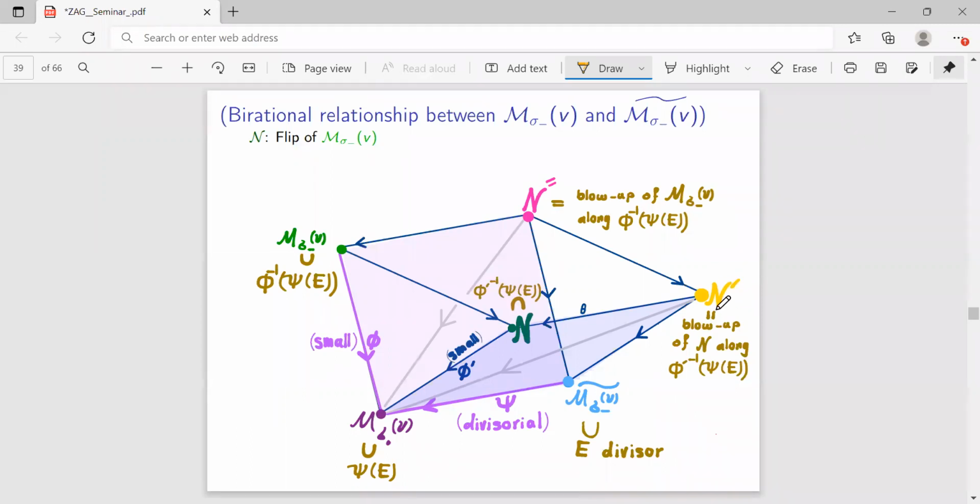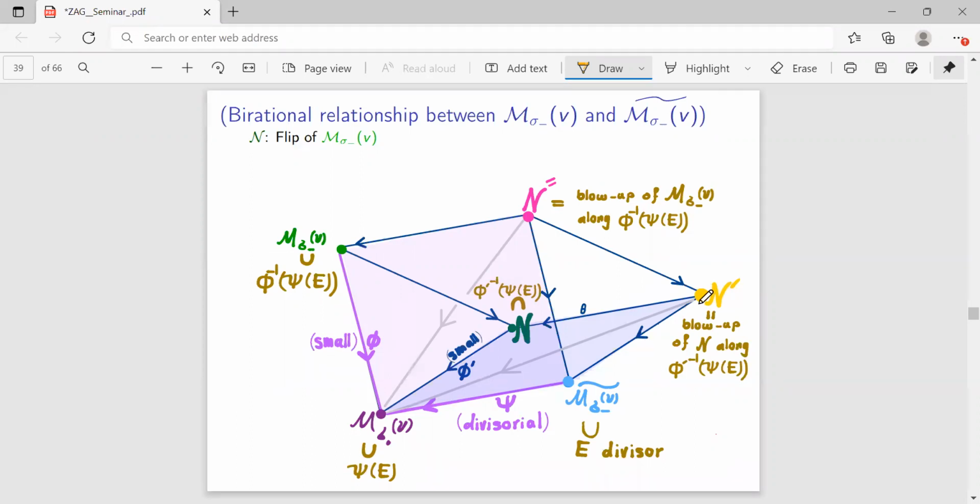And again, the universal property of blow-ups tells you that there must be a map from this N prime to this M sigma minus theta, because again, you have this map from N prime to M sigma naught with the same property that the pullback of this psi of E is Q-Cartier here.